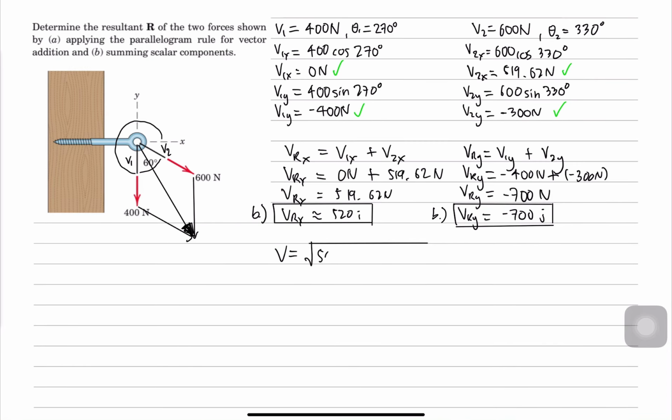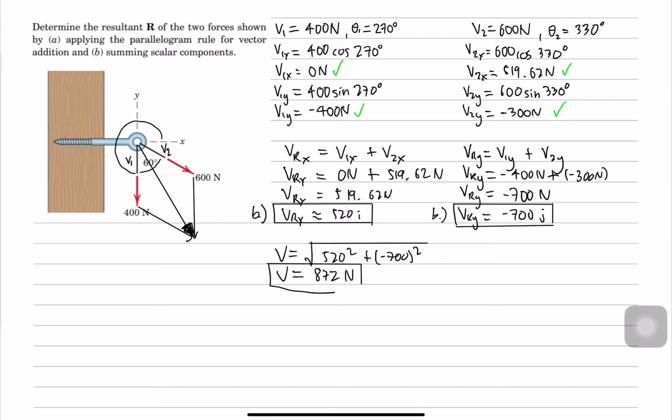So 520 squared plus negative 700 squared. We plug that into the calculator, and we should have a value of 872 newtons. And this is our answer in letter A.